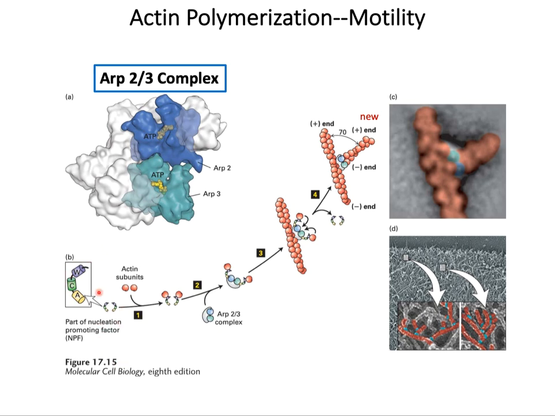This protein can bind one of the actin monomers. When two NPF-actin complexes bind to the ARP2/3 complex, this interaction induces a conformational change of the ARP2/3 complex, and it attains a high affinity for binding to the side of an actin filament, as shown here, right at step 3.